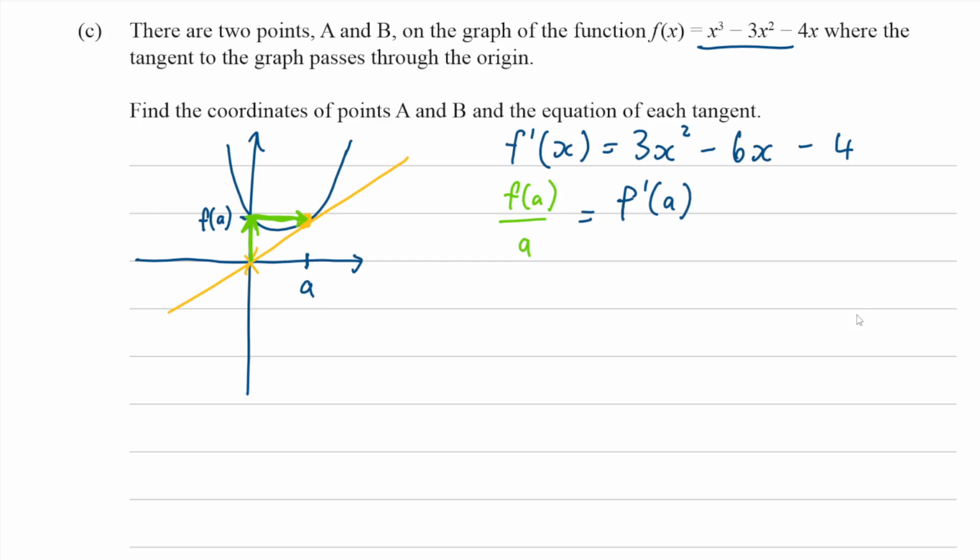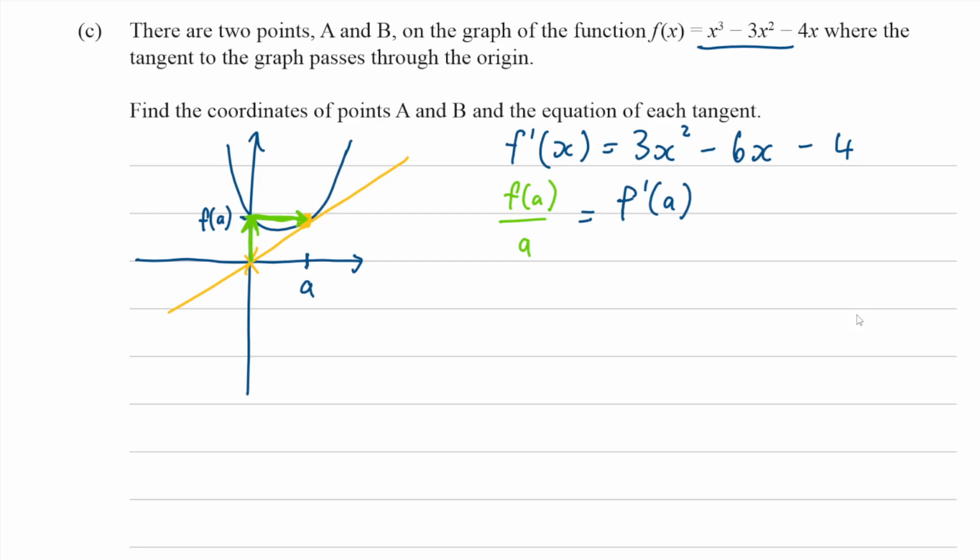So again, we have our curve. In this case, I'm using a parabola just to simplify it a bit. There's a point where we draw this orange tangent line such that it goes through the origin. So the gradient of that tangent line is given in 2 ways.